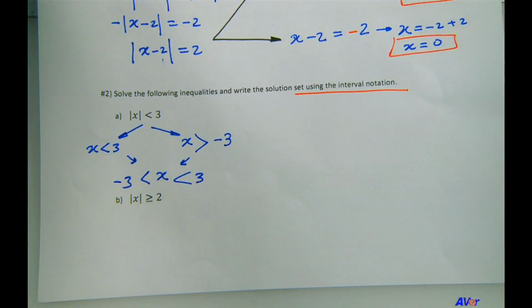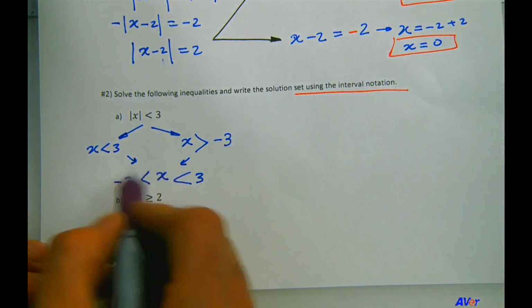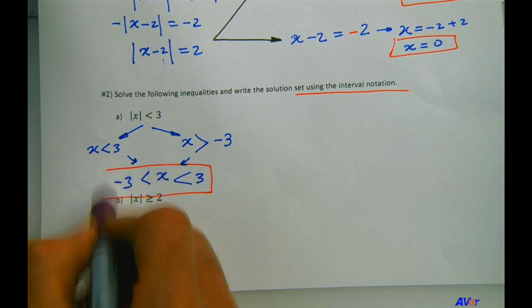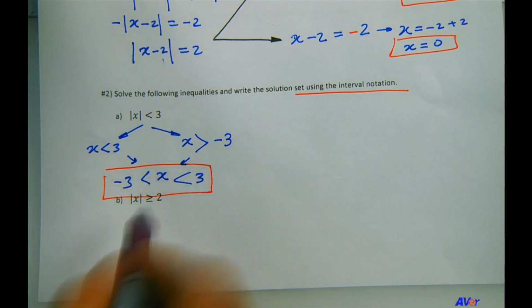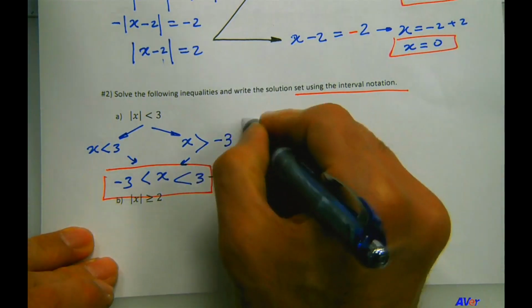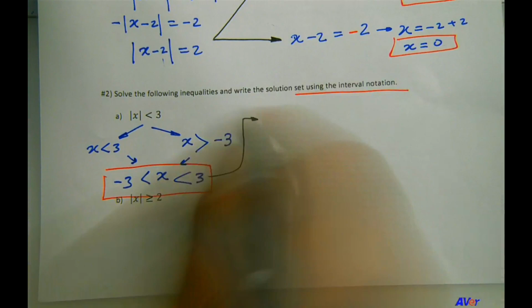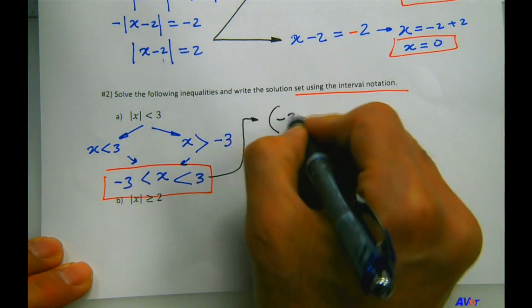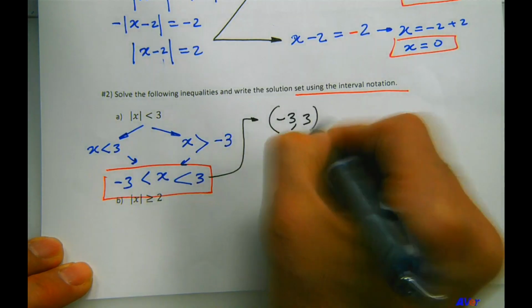Okay? So it's the place where these two overlap. They're not asking us to graph this. Well, and also I have to give this using the interval notation. So let me do that here. And the interval notation would be parenthesis, -3, comma 3, parenthesis, right?